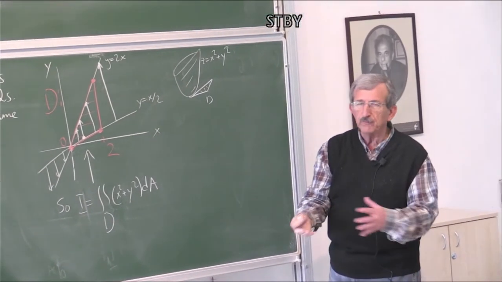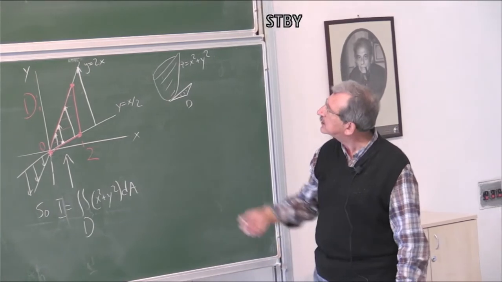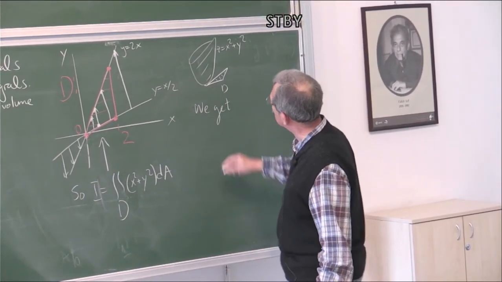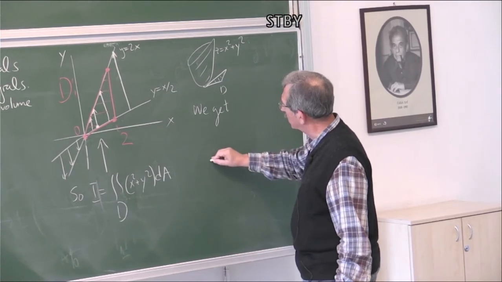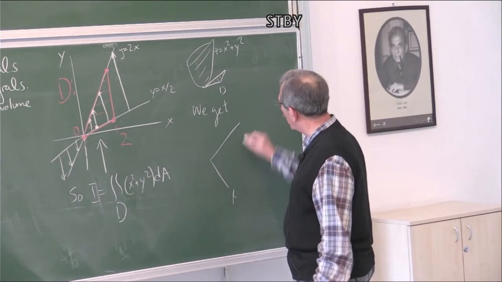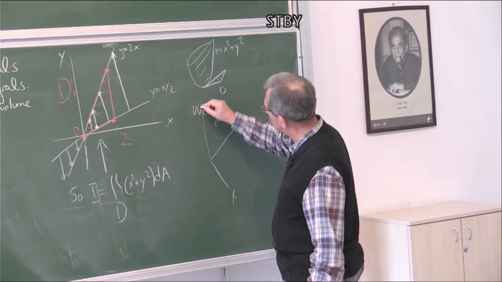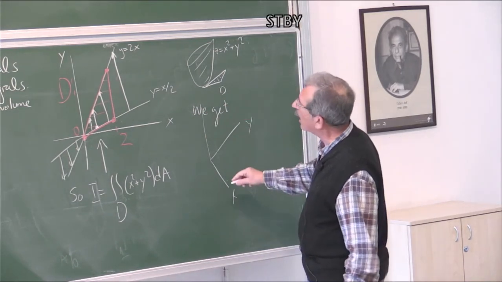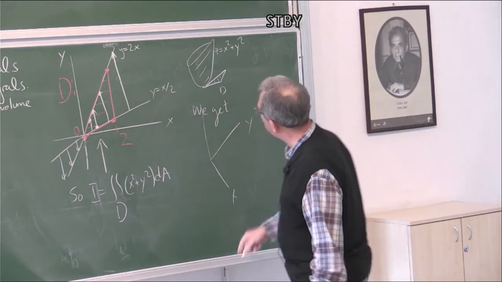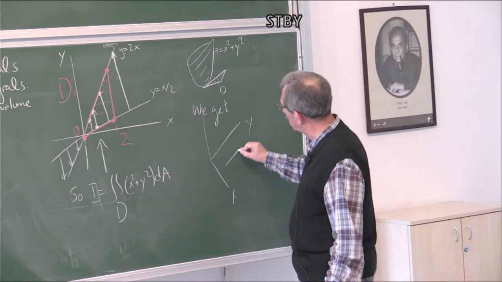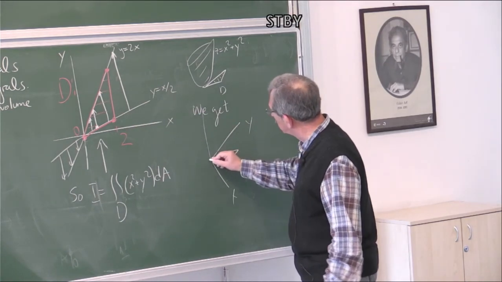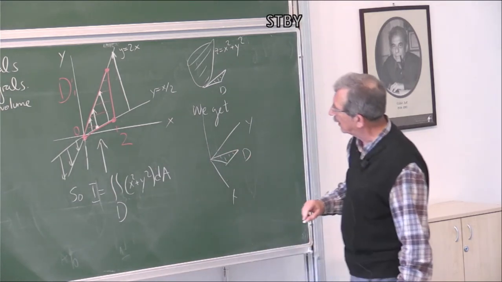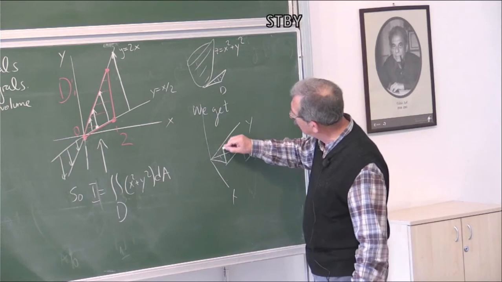So if you give some thought to this, we get the following. We have our x and y, and this is the z-axis. And between x and y, we have here this side parallel to y, and this is the base. That's D. On top of it, we have the paraboloid.